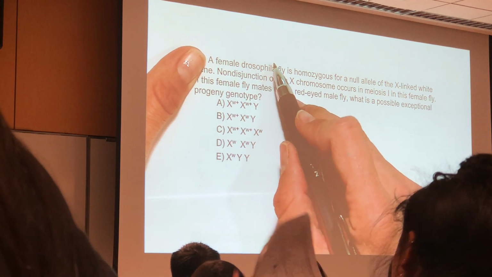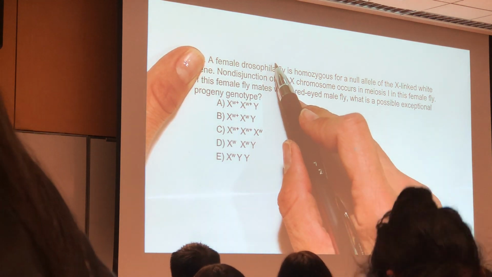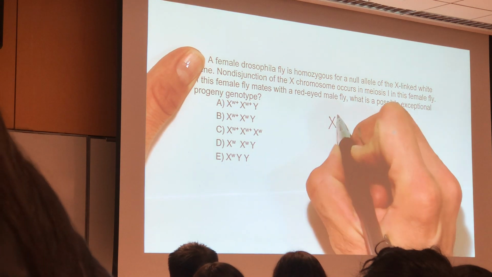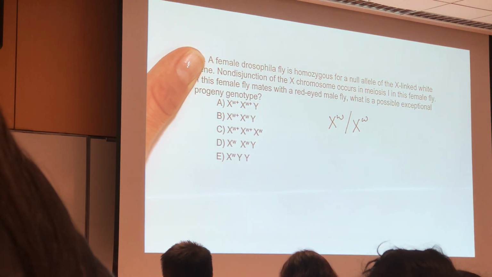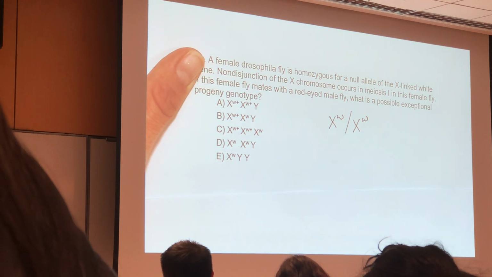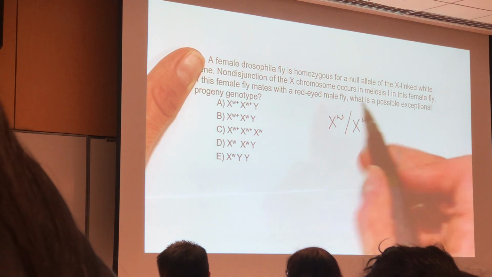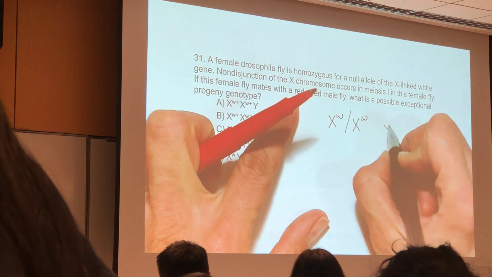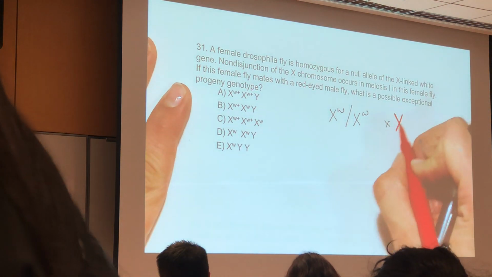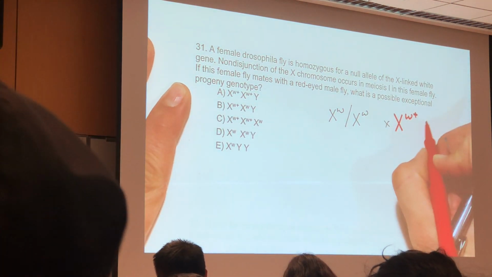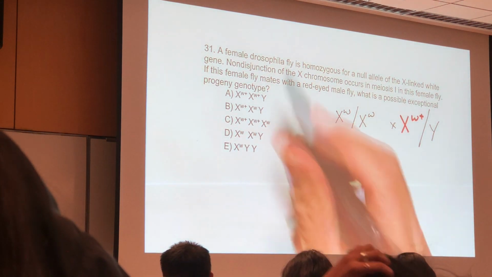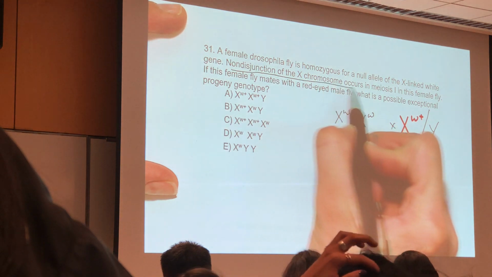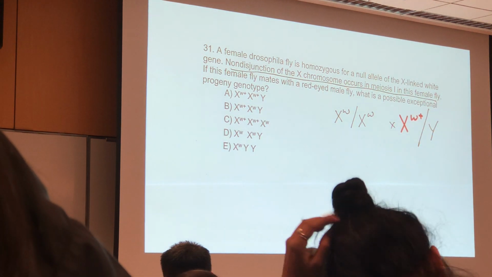XX, XY? XX, with little alleles. Right. White eyes, not red. And she mates with a red-eyed male fly, X^W+ Y. Non-disjunction of the X chromosome occurs in meiosis 1 in this female fly.